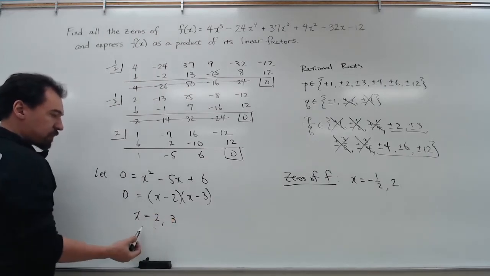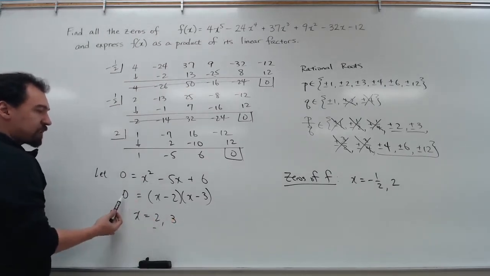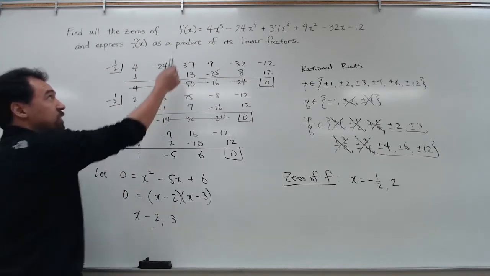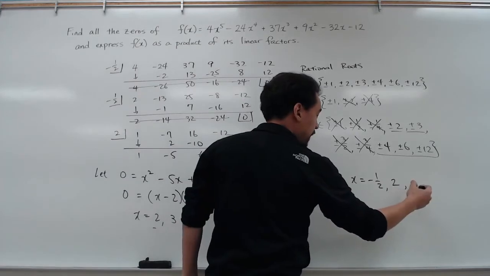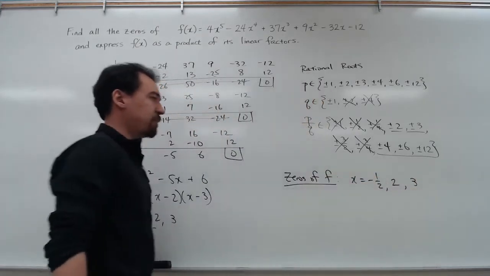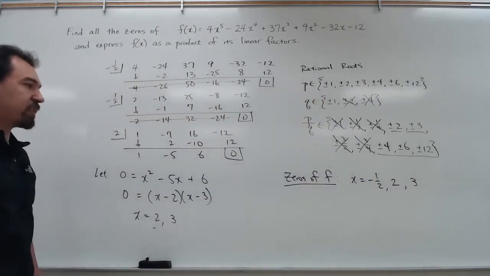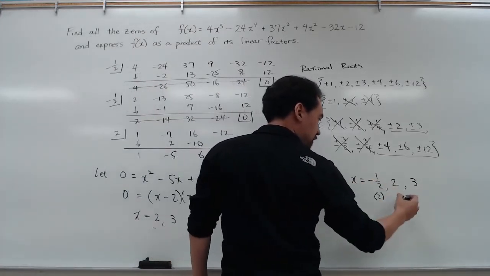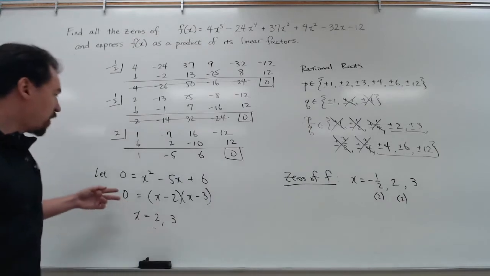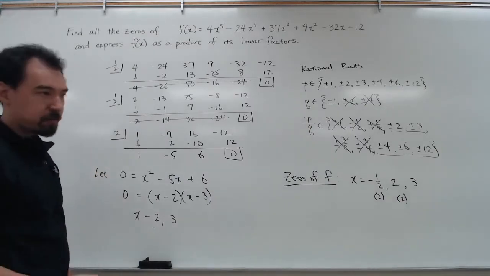These are the zeros, because plugging in those numbers here would get a 0 here, which means I would get a 0 for f of x. Okay, so my final zero is 3. And if I want to indicate multiplicities, I can say this one has a multiplicity of 2, this one has a multiplicity of 2, because they show up twice each.